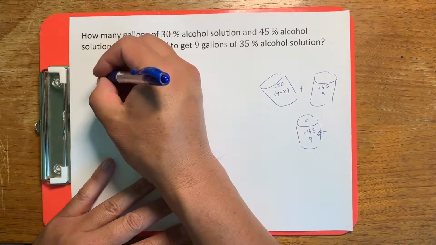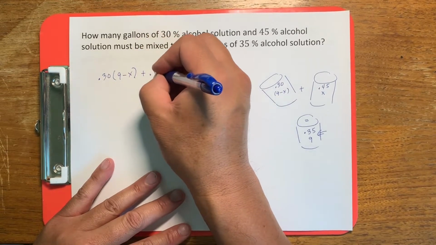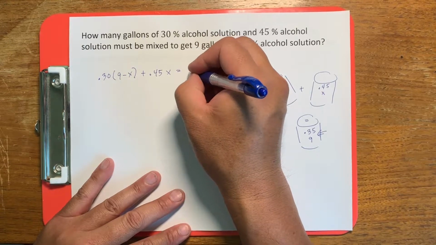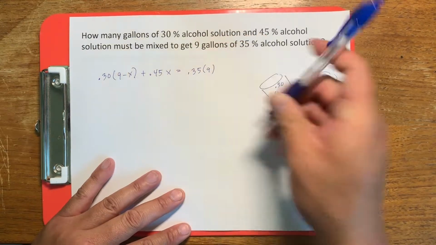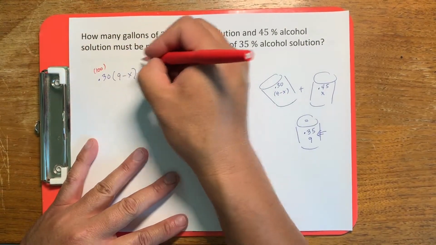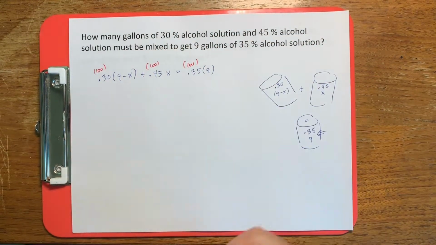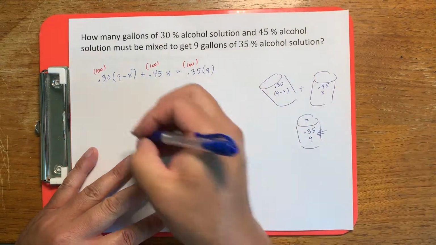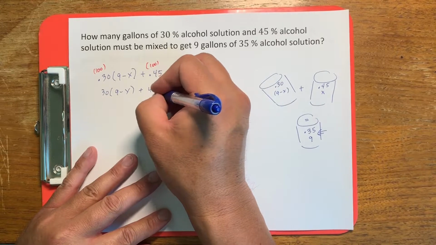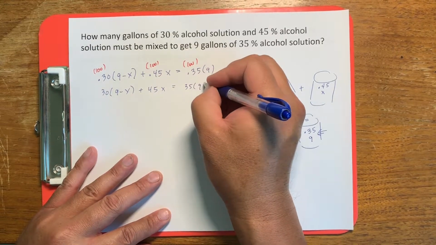So we have 0.30 times 9 minus x plus 0.45 times x is equal to 0.35 times 9. Let's multiply everything by 100. And we'll get 30 times 9 minus x plus 45x is equal to 35 times 9.